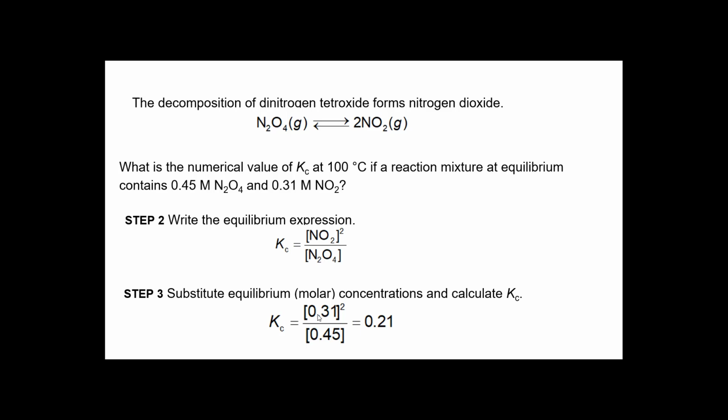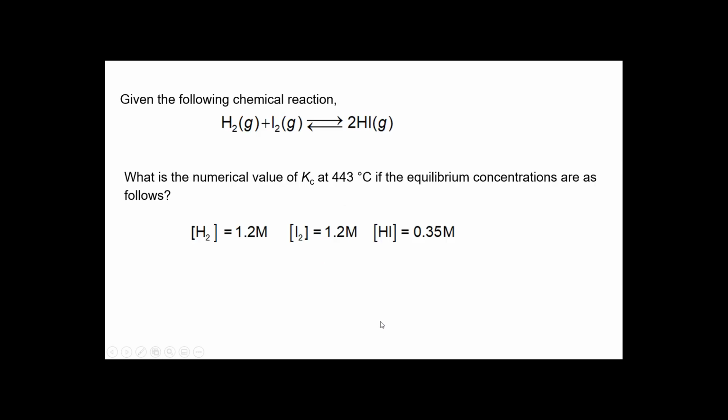I always suggest following these steps and not shortcutting it by putting brackets and just the molarities in, because you will mess up simple things like coefficients. And all it takes is to mess up one coefficient as an exponent, and now your whole problem's wrong. So plugging these in, it gives us an equilibrium constant of 0.21. This is our value that we're trying to determine.